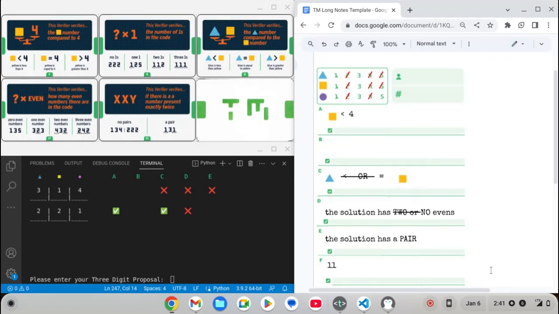So it could be 1, 1, but I don't think it could be 113 or 115, because how would you tell them apart? So I don't think you're going to have a pair of ones. Now you could still have 0 ones, but 113 and 115, I would describe them as being ambiguous.